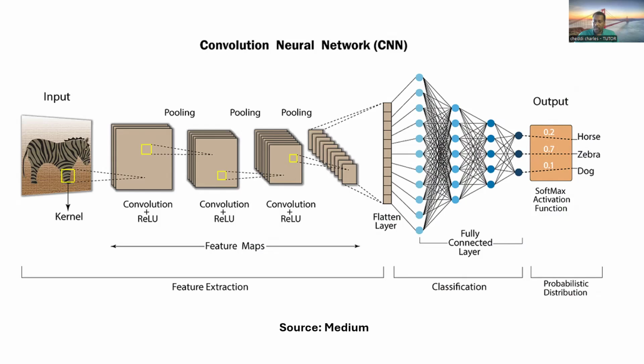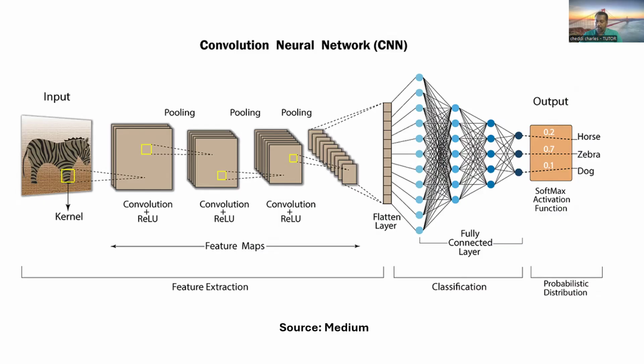Then we have the pooling layer. The purpose of the pooling layer is to just extract the main information, the main details. What the pooling does is reduce the dimension. So from a 4 by 4 to maybe 2 by 2 dimension, we just reduce it in half.